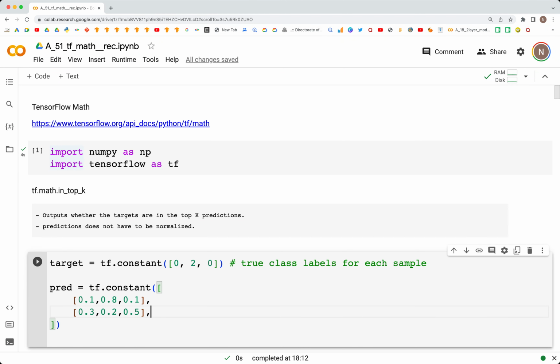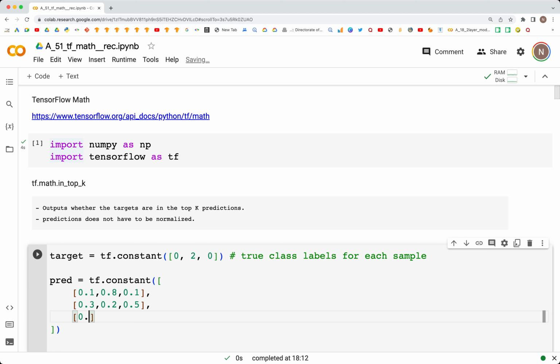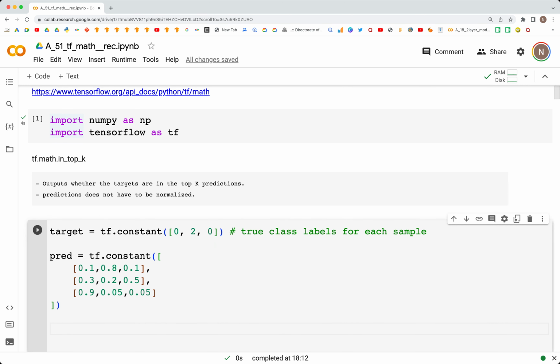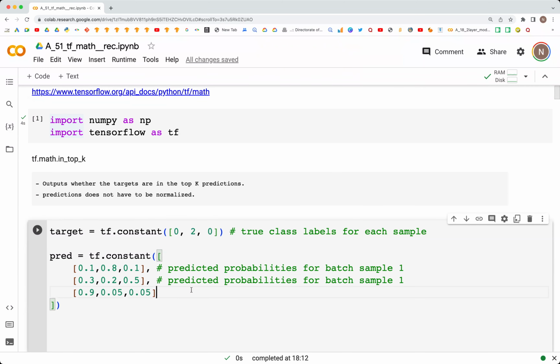Following that, we have 0.9, 0.05, and 0.05. These are the predicted probabilities for batch sample 1, and likewise we would have the predicted probabilities for the rest of these rows.